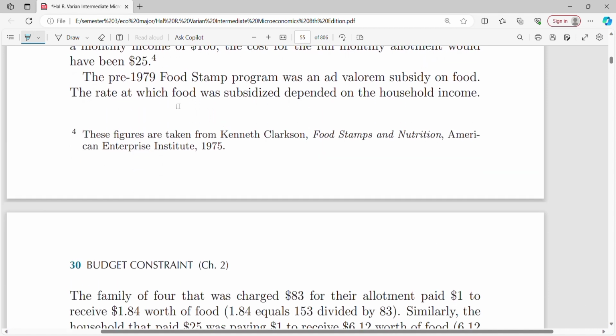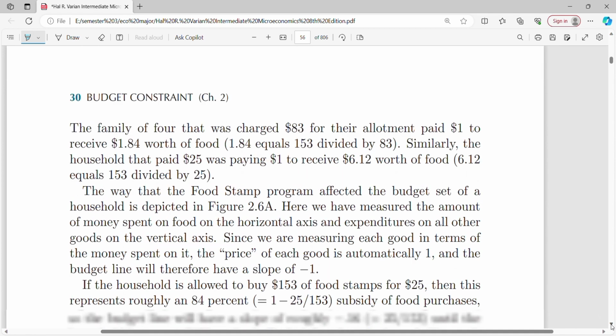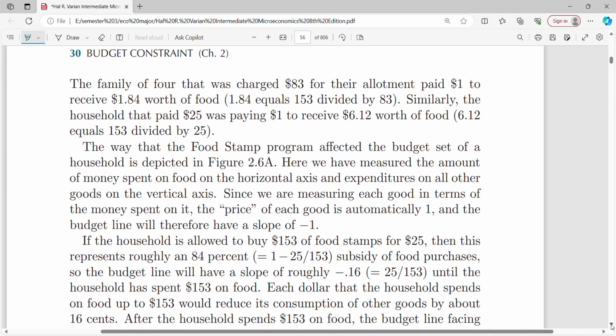The pre-1979 food stamp program was an ad valorem subsidy on food. The rate at which food was subsidized depended on the household income. That's what I said now. Ad valorem means value tax, I mean value subsidy here.